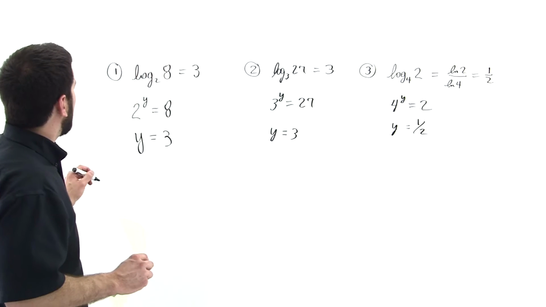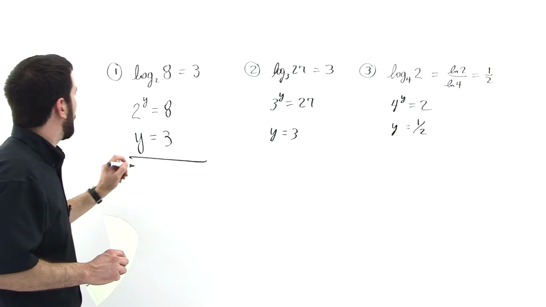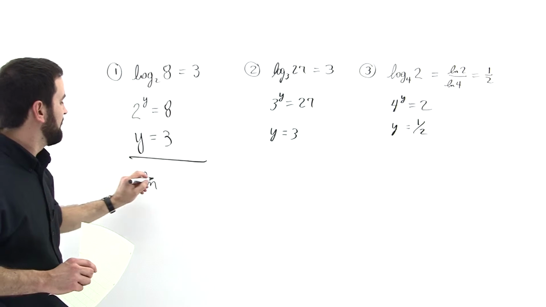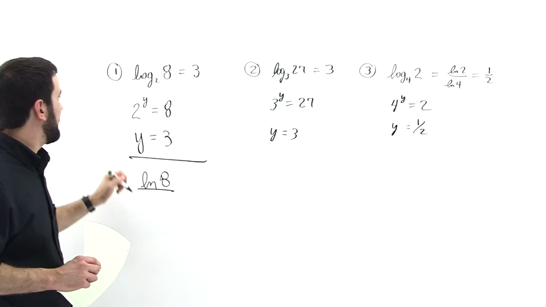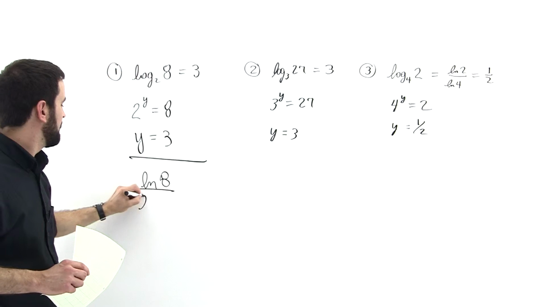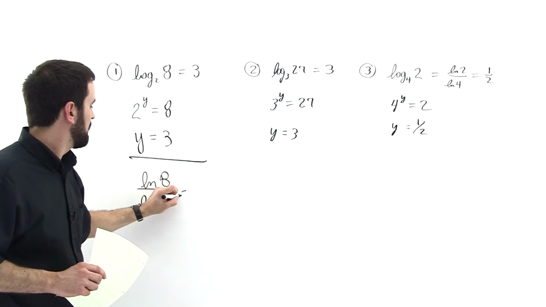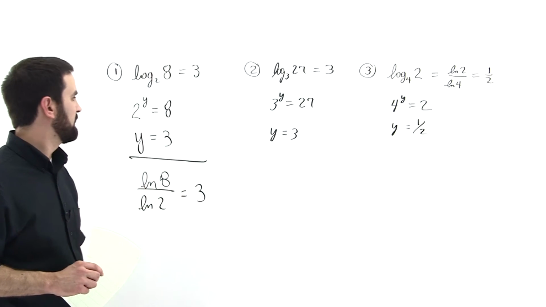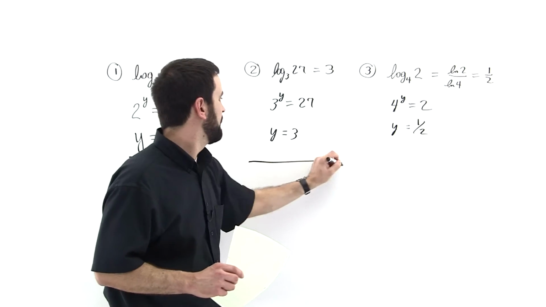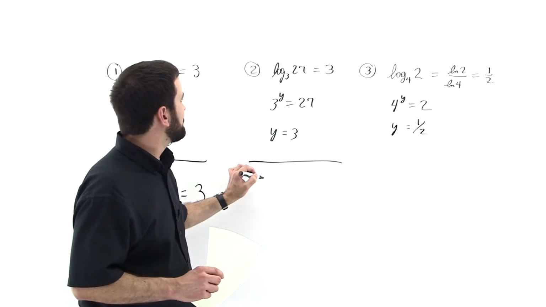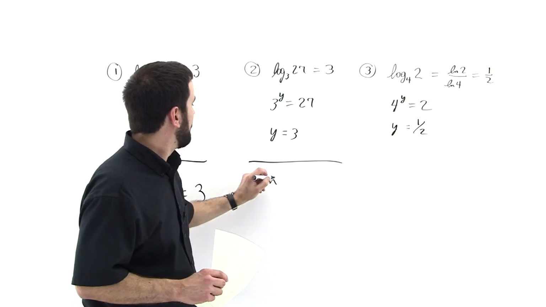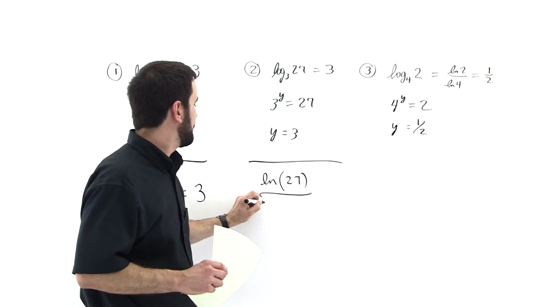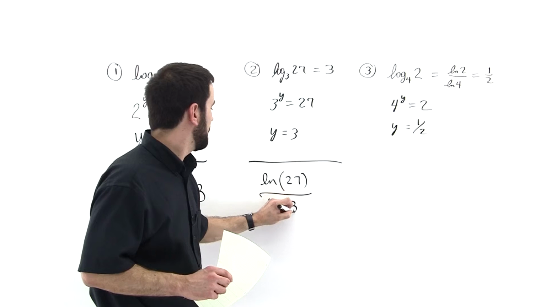For this one, we would do the natural log of the argument, which is 8, divided by the natural log of the base. You perform this, and the ratio of these two will be equal to 3. And then for this one, the natural log of the argument, 27, divided by the natural log of the base, which is 3.